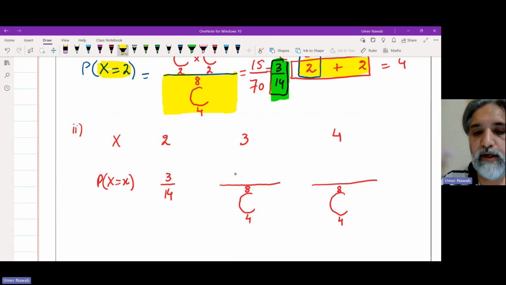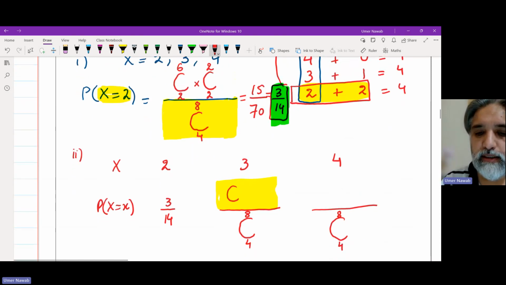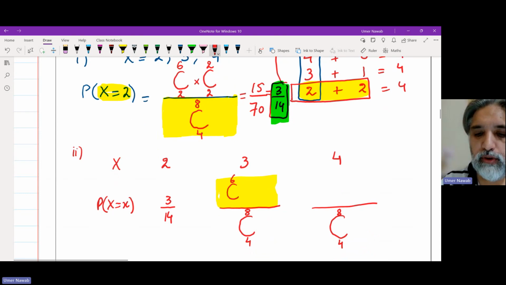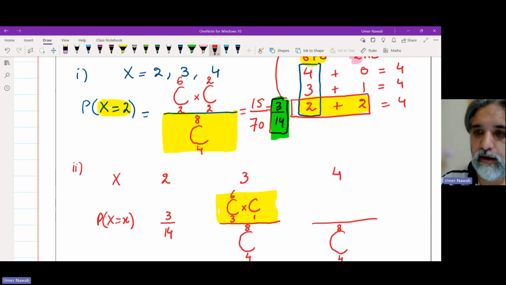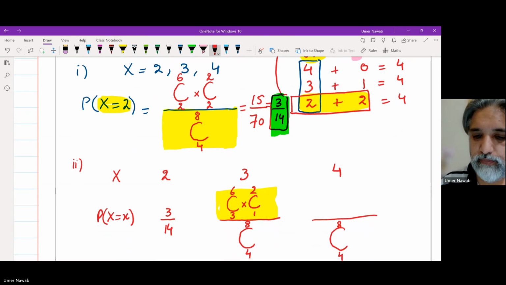Now in the numerator, I am going to concentrate how many paperback books in total she has. Paperback books is 6, and she is going to pick now 3 paperback books. Remaining are 1, and in total 4 she wants to pick. And how many hardback books is 2?